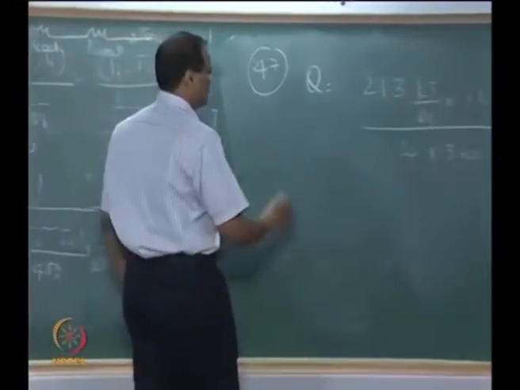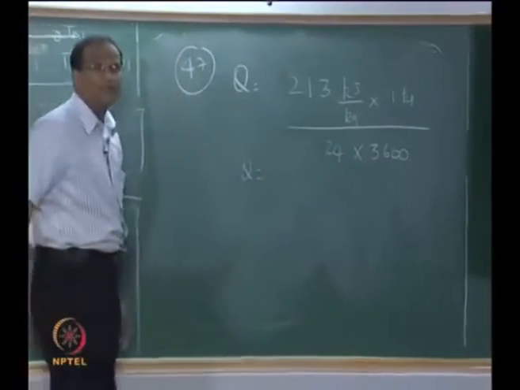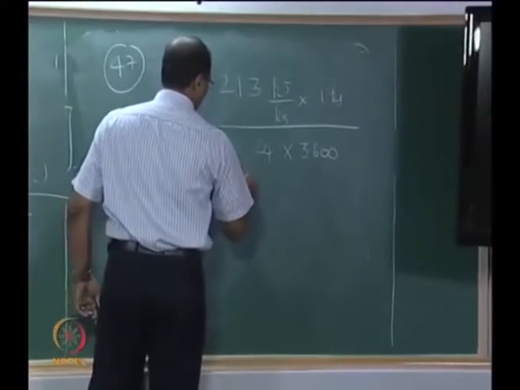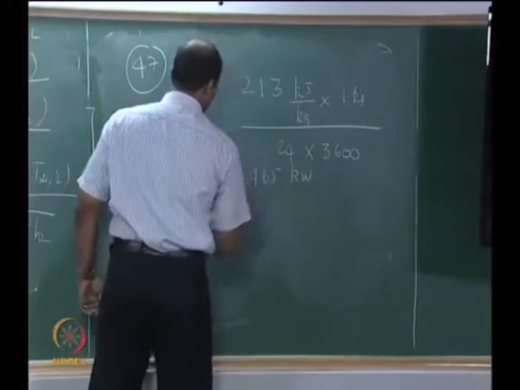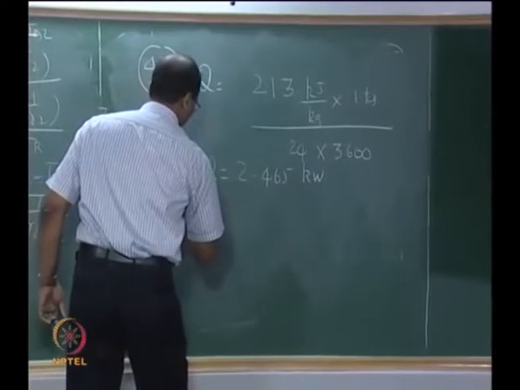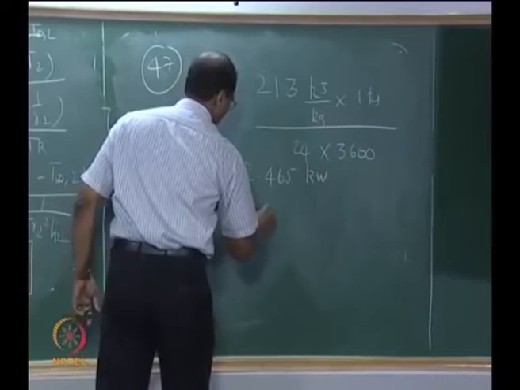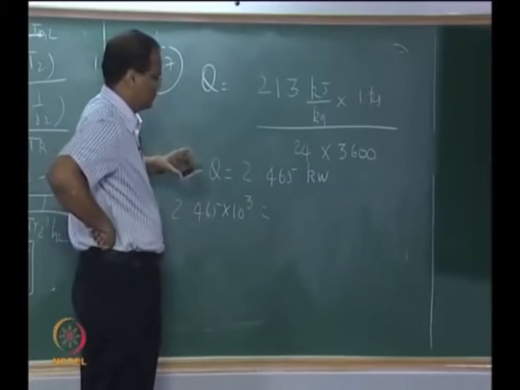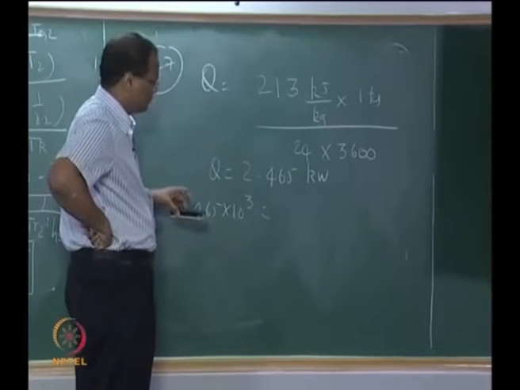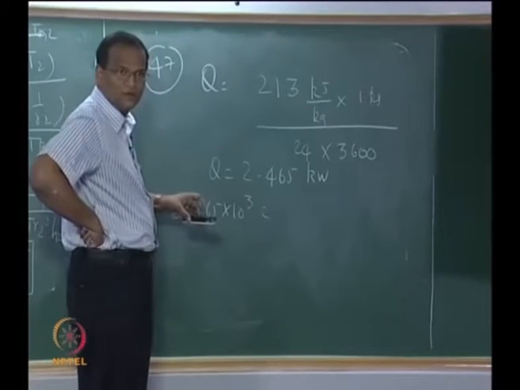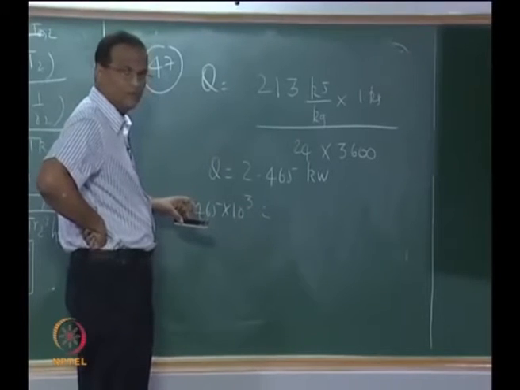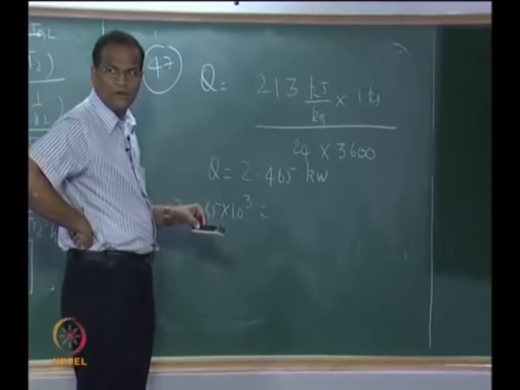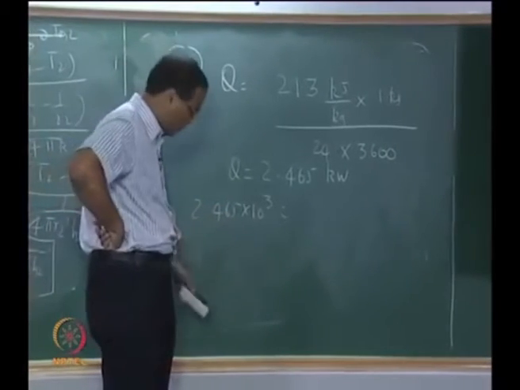So, Q will be how much? 2.465 kilowatt. Why, sir? 3600 will come in the denominator. So, 2.465 Watts. Yes, sir. Watts, okay.